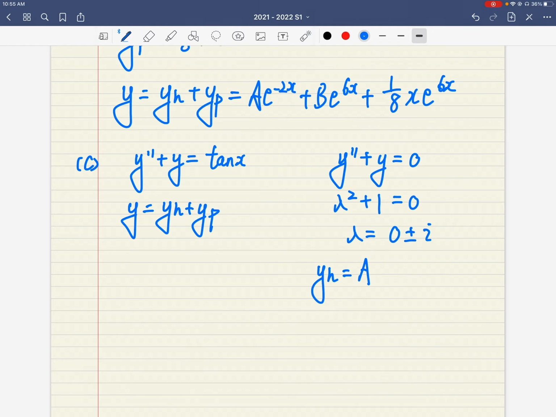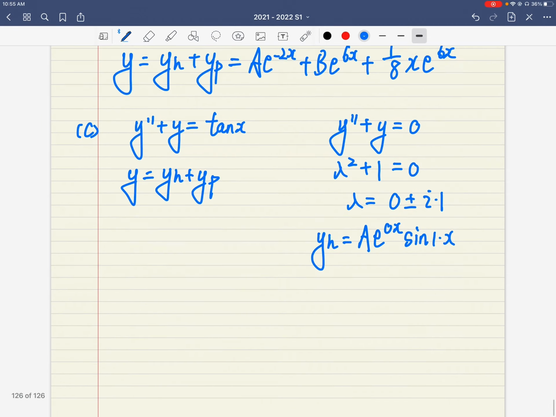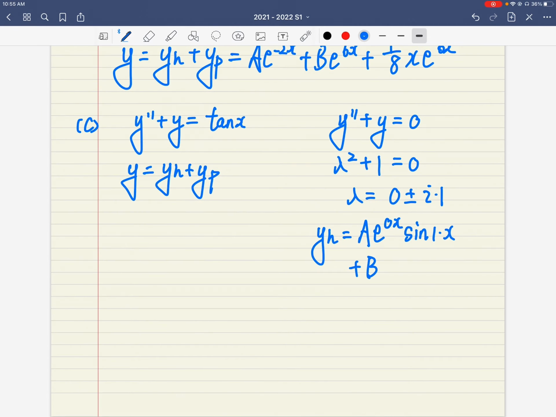So it's a e to the power of 0x sine, and here i, it's i times 1, so it's sine 1 times x, okay, plus b e to the power of 0x cosine 1 times x.